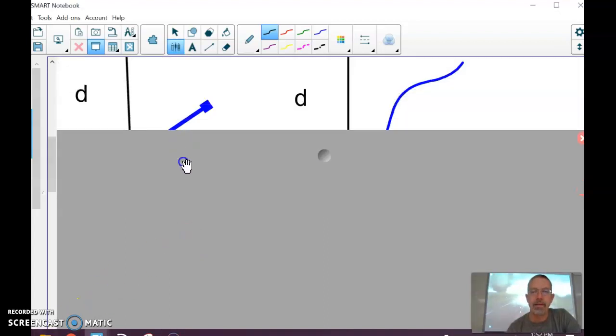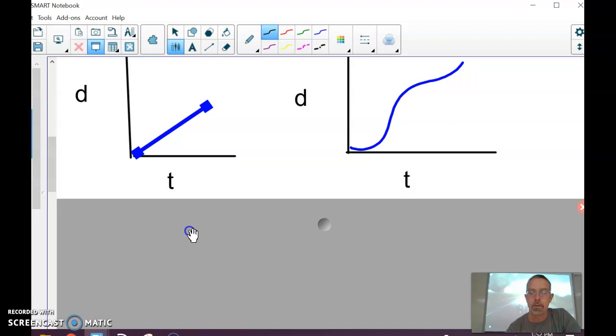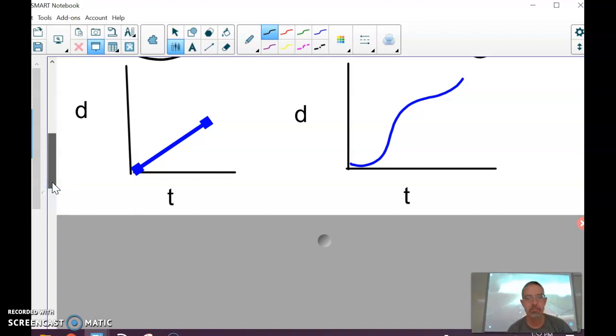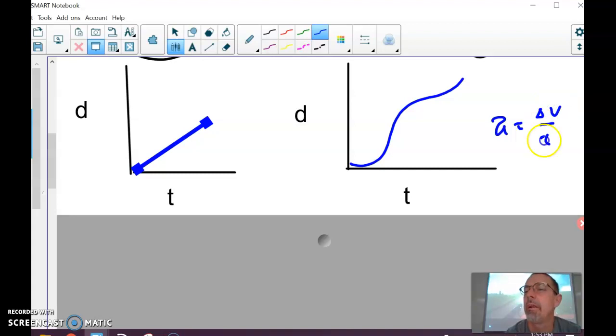So if I'm graphing acceleration, or graphing my motion, I would have a displacement versus time graph. Since acceleration is my change in velocity over time, and my velocity is a change in displacement divided by time.